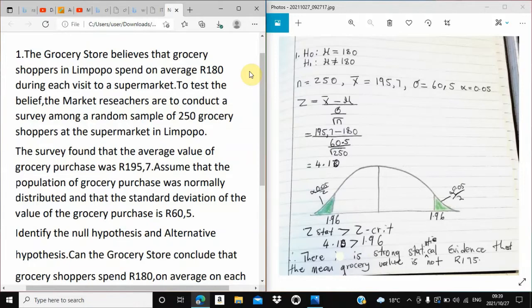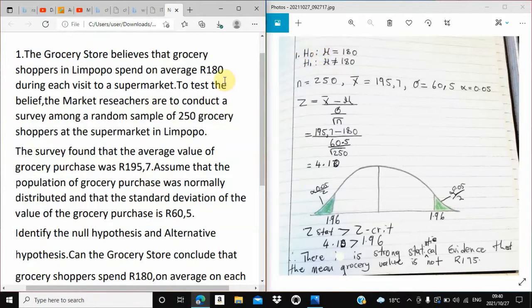The null hypothesis, we denote it by H sub 0, and the alternative hypothesis, we denote it by H sub 1 or H sub A. The null hypothesis is the one that is to be tested, and it is always about a population parameter. It is not about the sample statistic.